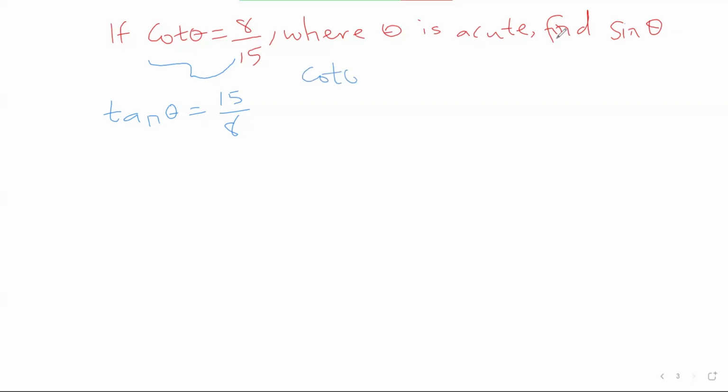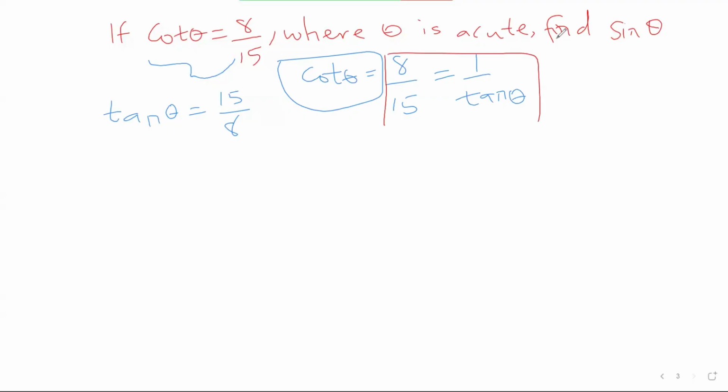We know cot theta equals 8 over 15, which is the same thing as 1 over tan theta. Let's remove this from the equation and just have this alone.